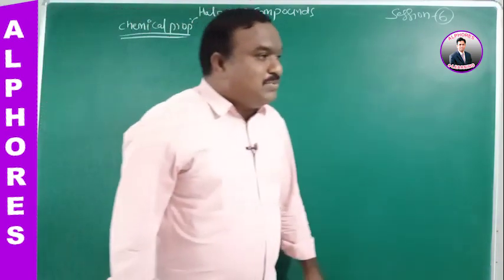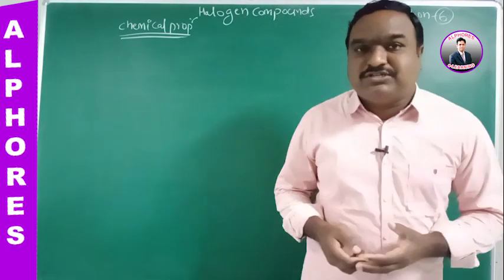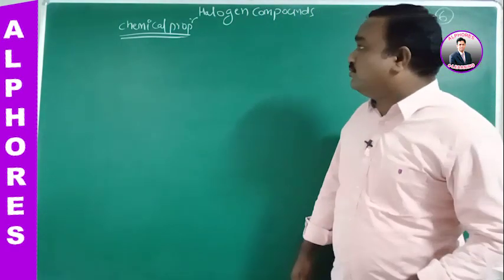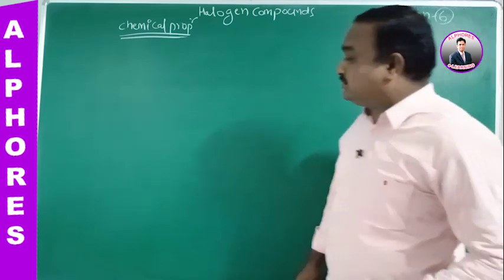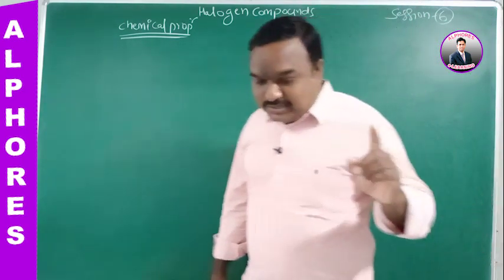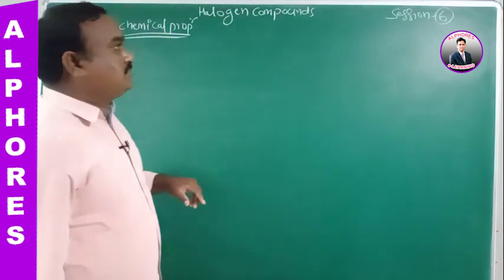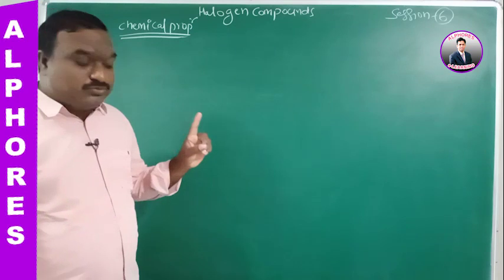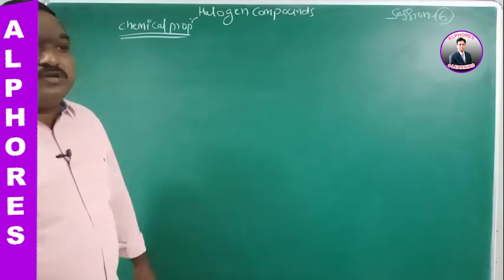Based on the halogen structures we can explain the chemical properties of halogen compounds. Halogen compounds are chemically active compounds. They are not available in free state.